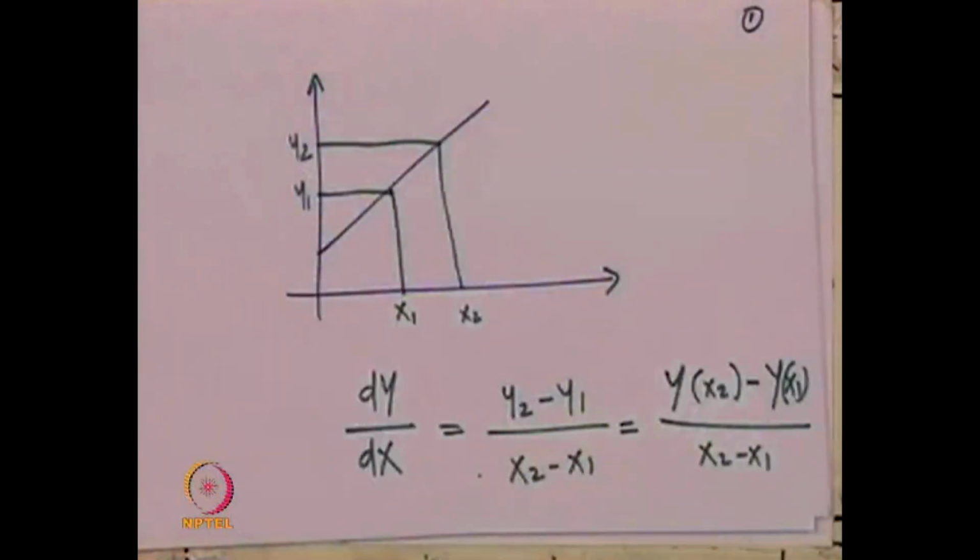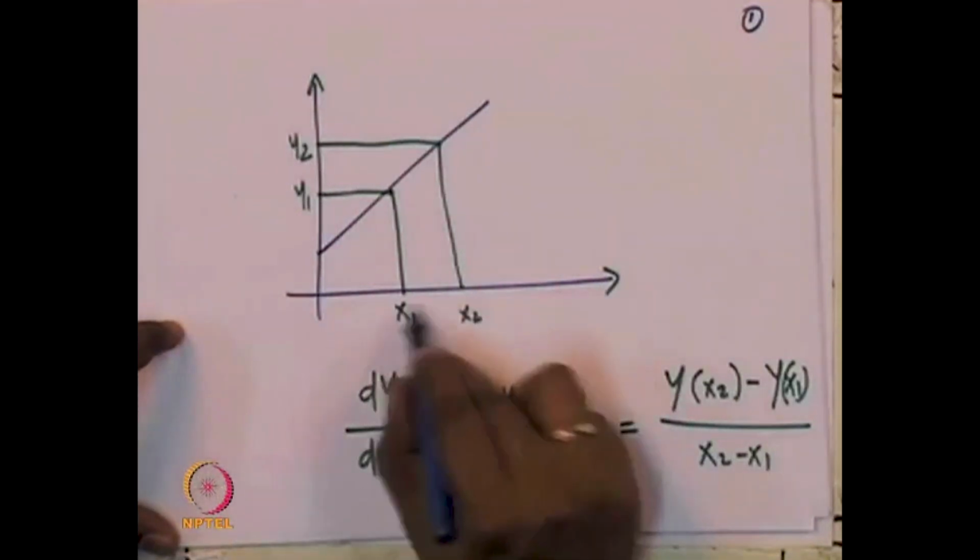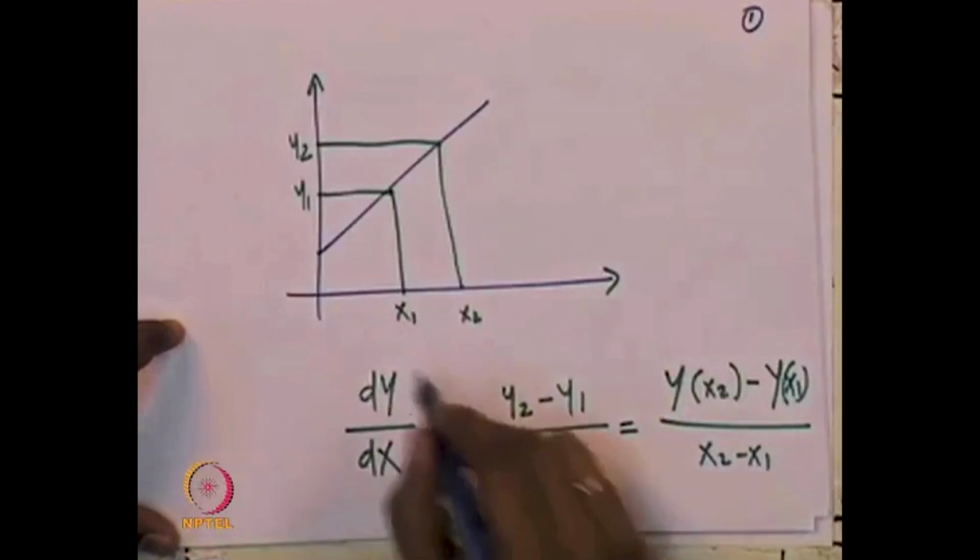One of the important rules while doing derivatives that you should remember is that if you look at this quantity x2 minus x1, the smaller it is, the closer x1 and x2 are, the better this definition of derivative.